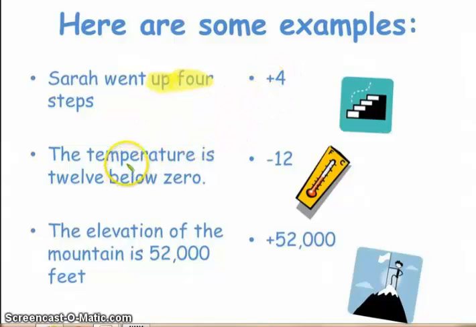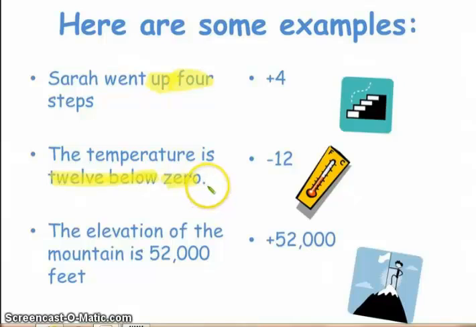Also here we have the temperature is 12 below 0. I know down here in Miami that doesn't happen, okay, but up north it does happen, in Canada. So since it is below zero, it is in the opposite direction.